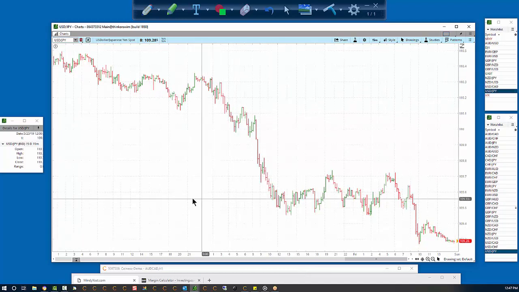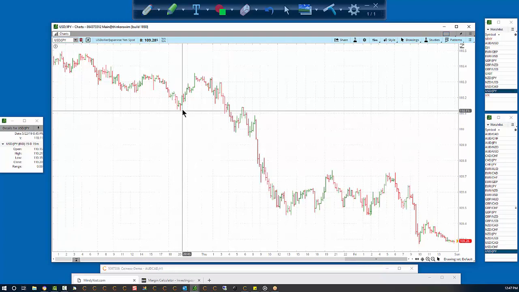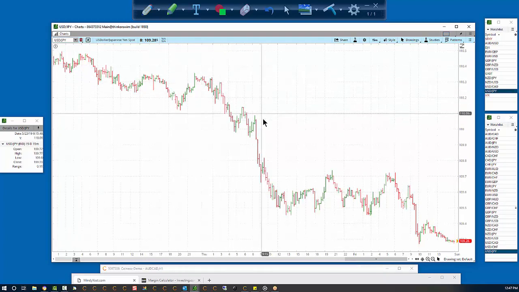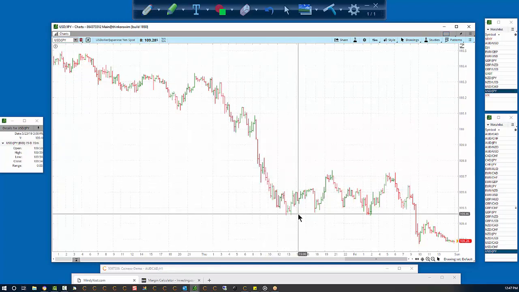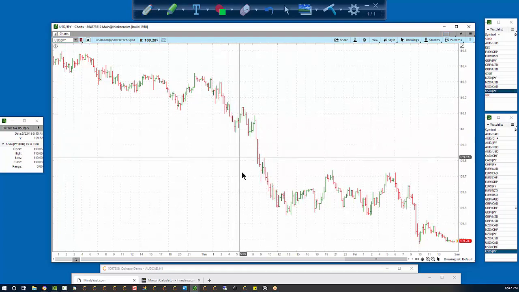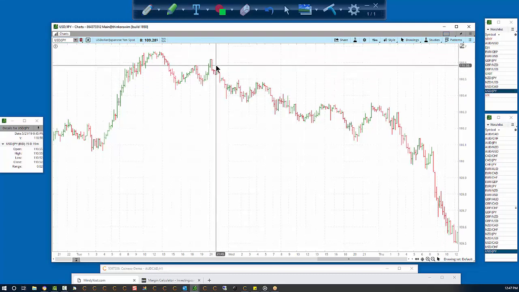But here's the problem and why that's not true. The trend is only your friend if you can get into it before it's evident that it's a trend. Because most of the time, by the time a trend is evident, it's over.